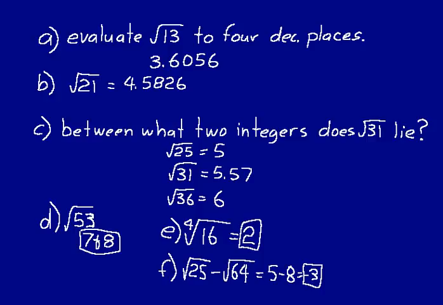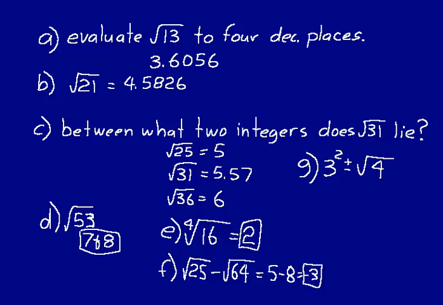So we don't have to worry about negative 5 and positive 8 or anything like that. We wouldn't say that the answer to this is also a positive 3. Just be concerned with the positive square roots of these numbers. And likewise, like in practice problem E, negative 2 is also a root of that problem, but we're just going to be concerned with the positive roots for right now.